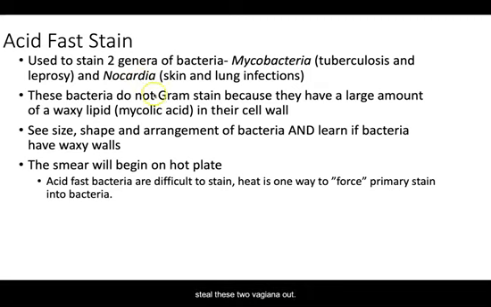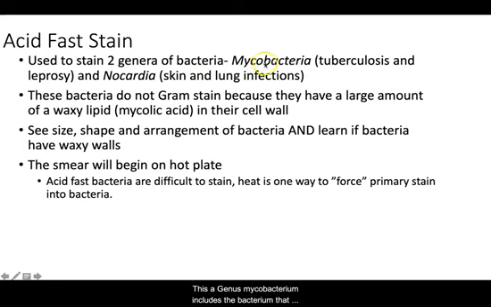These two genera of bacteria do not stain well with a gram stain, because they have an additional molecule in their cell wall that's not present in all bacteria. And so if bacteria have this waxy compound called mycolic acid, it makes it really hard to stain, and it gives them some other properties as well.